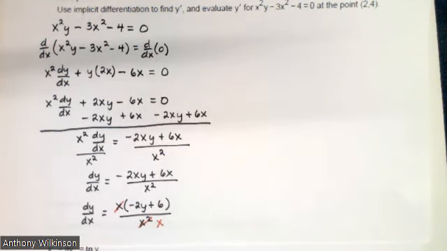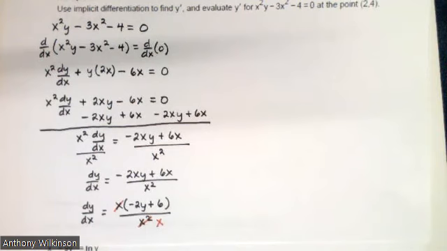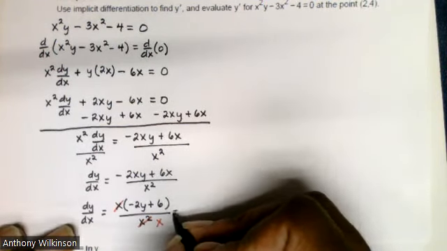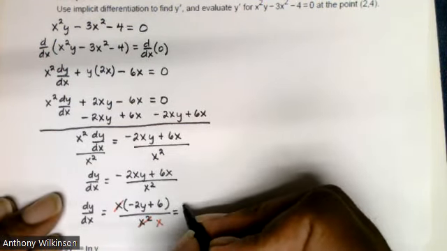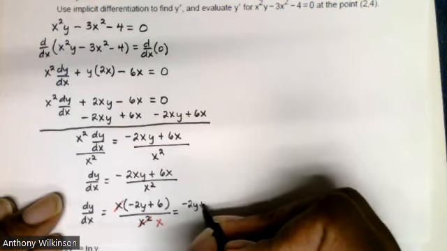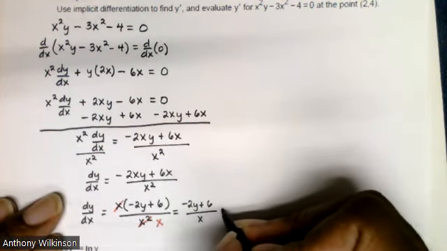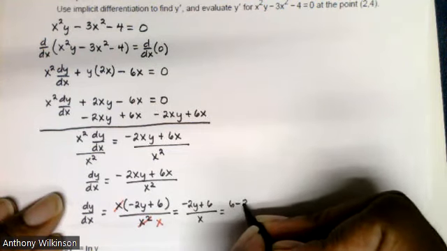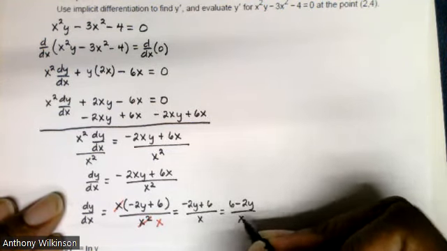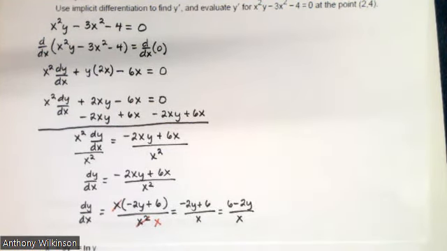So one of the x's divides out with the x in the numerator, leaving me with x in the denominator. So I can write this as either negative 2y plus 6 divided by x, or 6 minus 2y divided by x.